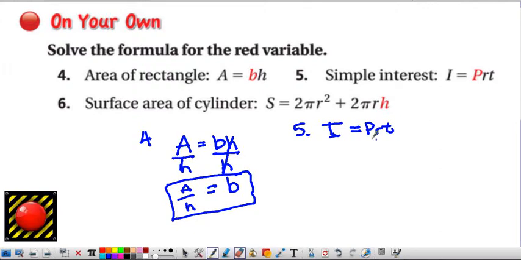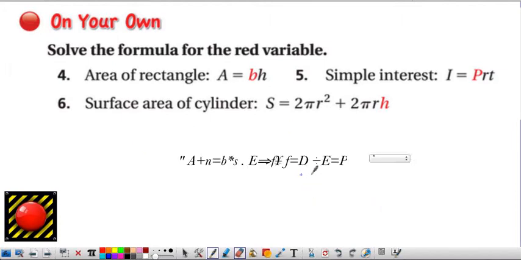So we're just going to go ahead and deal with this multiplying by R and T. The inverse of that would be to divide by R and also T. R divided by R and T divided by T both cancel each other out because they become 1. And so we're left with P by itself. I can't do anything with this I divided by R times T, so I just leave it. And so that is my final answer.